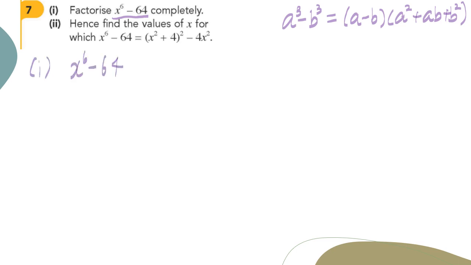Right, so if you look at the formula that I've written on your right hand side, you have to express it in terms of to the power 3, in terms of cube. What you are given here is x to the power of 6. So how do I write it in terms of cube?